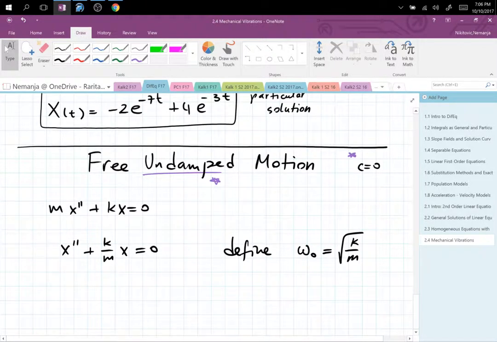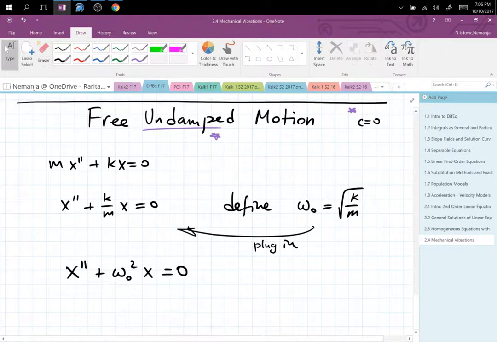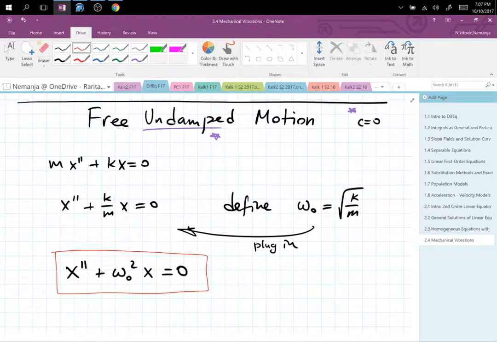So if you do that, your differential equation becomes this. So now this is our new and improved equation.